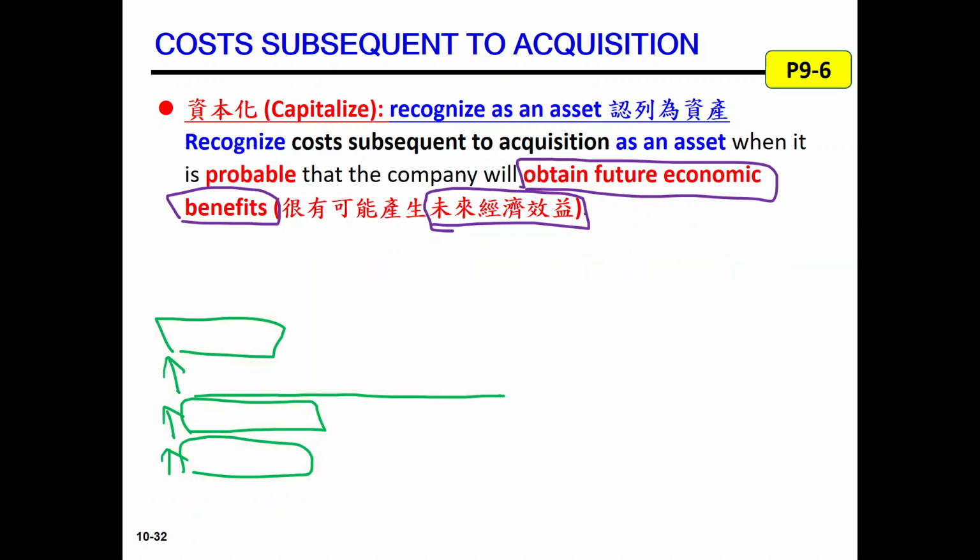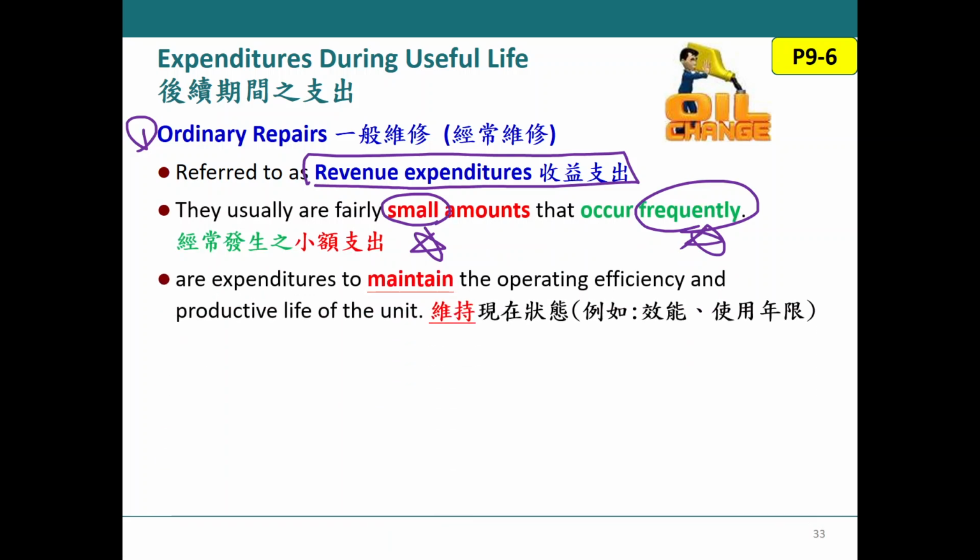Impossible. Okay? So when we talk about small money that happens quite frequently, usually they could only maintain the situation. Maintain your PPE's conditions. So when they only maintain the situation, it's impossible to improve your PPE's conditions, right? So they cannot give you future economic benefit actually.